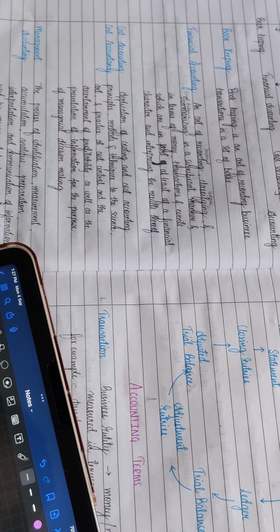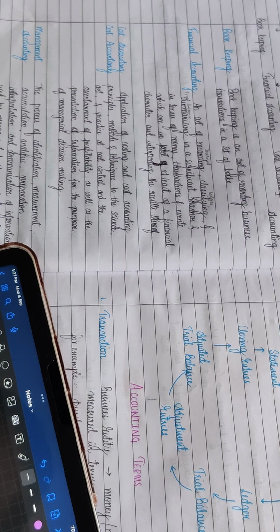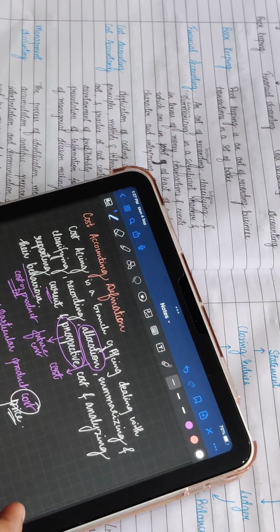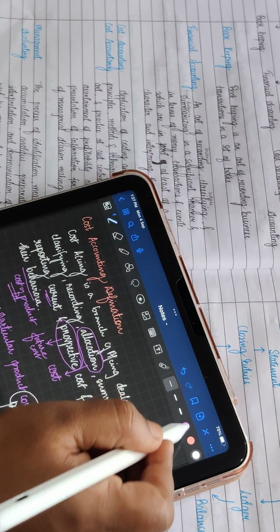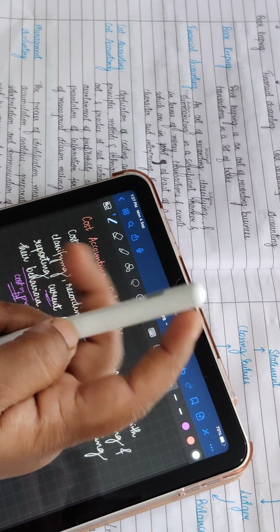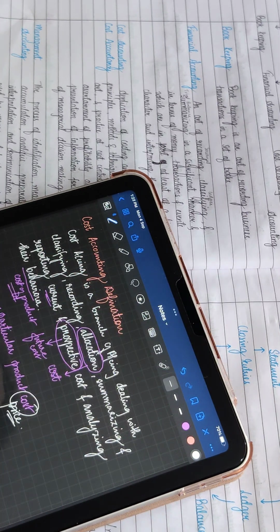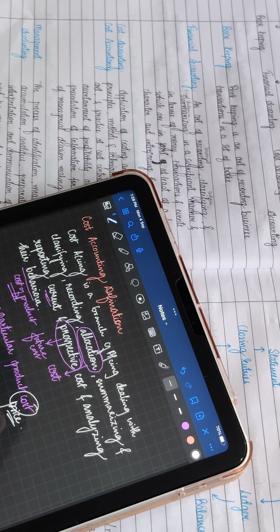Now the product is manufactured, so we have rupees 100. A particular product cost is rupees 100. So next time when you are manufacturing, it costs 105. So we need to reduce, we need to control the cost.